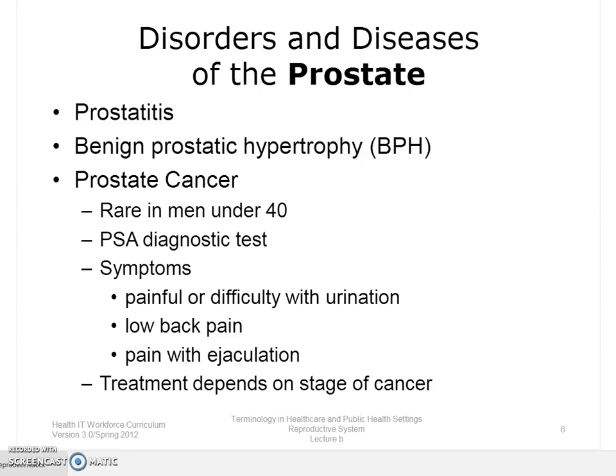Symptoms of prostate cancer include painful or difficult urination, low back pain, and pain with ejaculation. Prostate cancer treatment depends on the stage of the cancer. Treatment may include surgery, radiation therapy, chemotherapy, or control of hormones that affect the cancer.